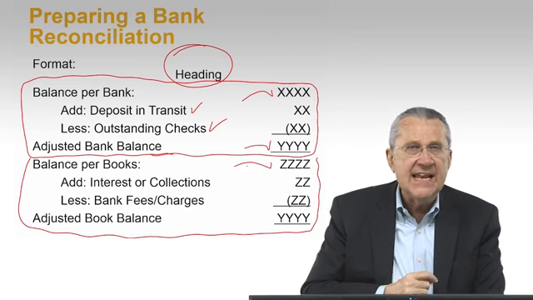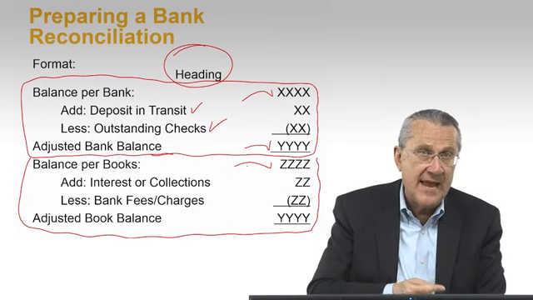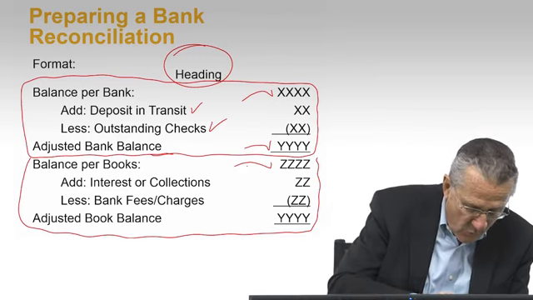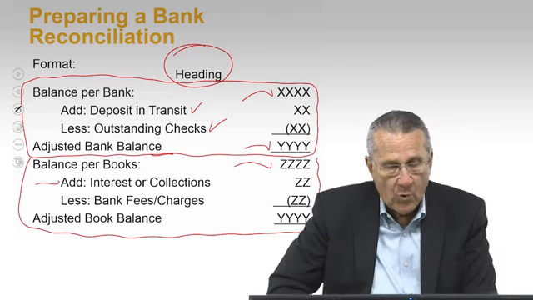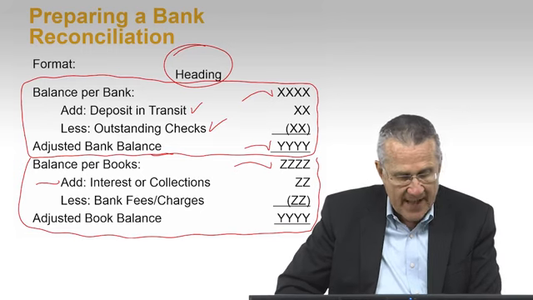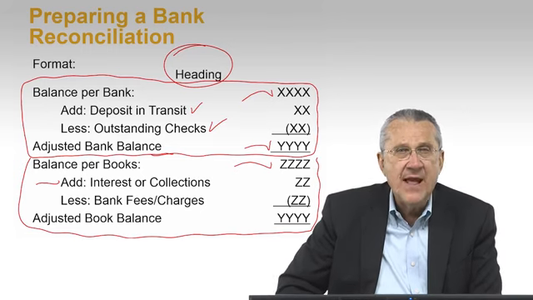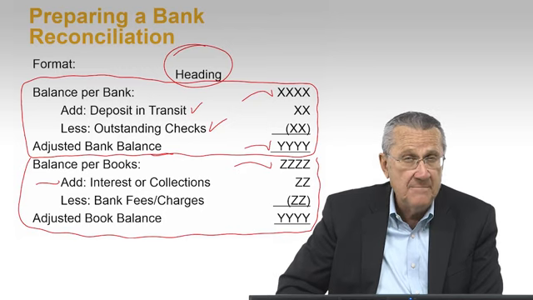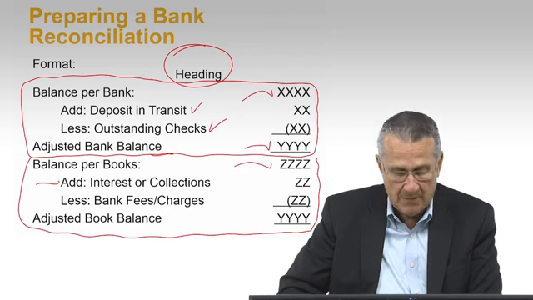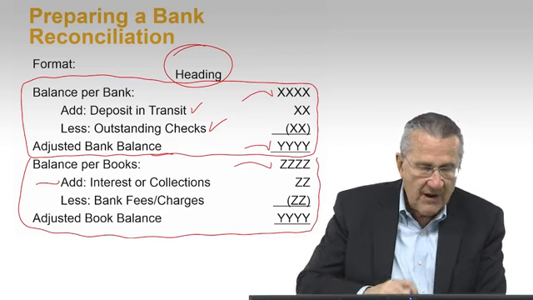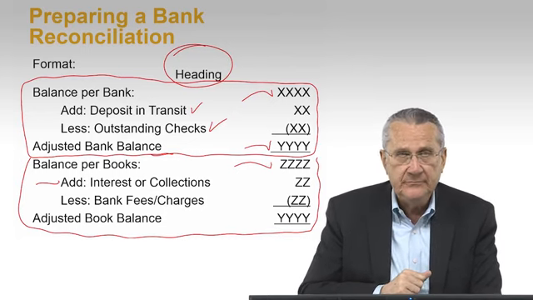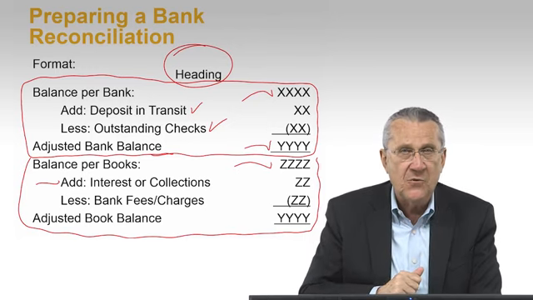If they have made any collections for us or if they're paying us interest on our accounts, then those are numbers that we will pick up and report in our adjustments to the balance per books. These are amounts that we may have suspected might be there, but without data, we haven't yet accounted for them. And then we're going to subtract from this bank fees or charges for services that the bank has performed.